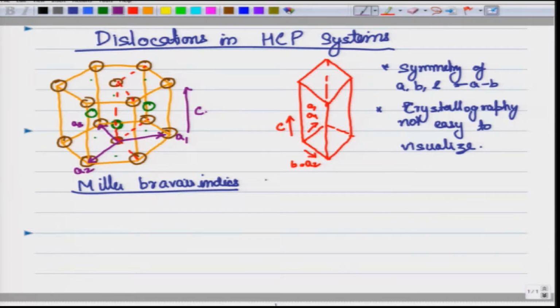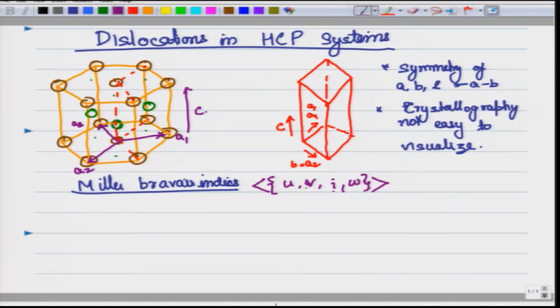In this type of system we have U, V, I, and W. Whether you are talking about a plane or a direction, you have U, V, W in the usual system, but here we have a third one, I, and this I is not independent.